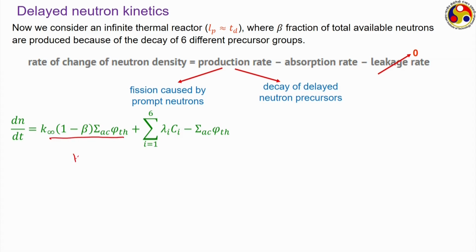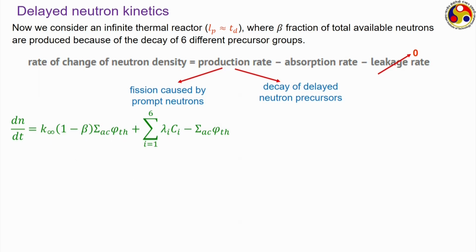One part, k infinity into sigma into phi thermal, is coming from fission caused by prompt neutrons, and k infinity into beta into sigma AC into phi thermal is coming from the delayed neutrons. Actually, I should not have written it this way. This is not the proper way of writing this. Sorry for that, just strike out what I have told earlier.